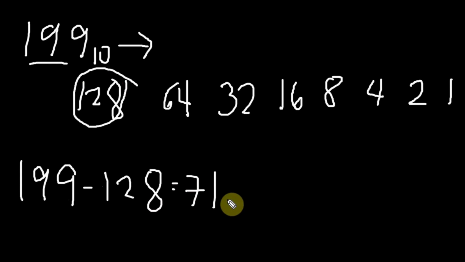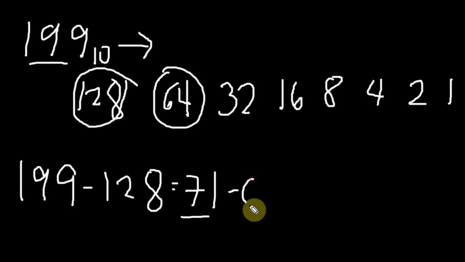Now from 71, we again need to find a value on the table that is close to it, which is 64, and subtracting 64 from 71 would give us 7. Now you need to mark 64 on the table.